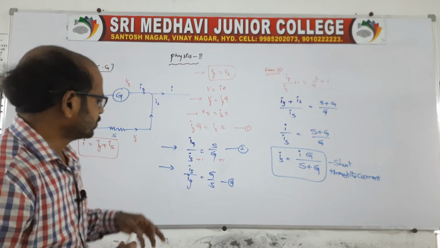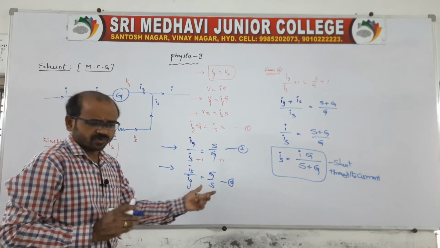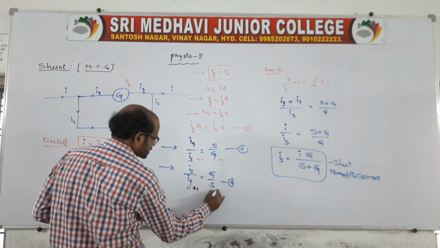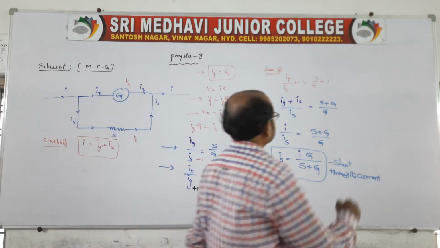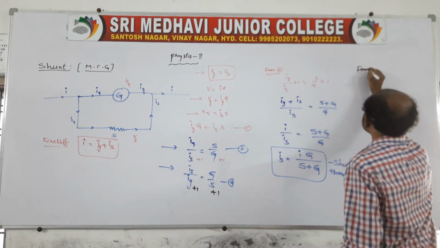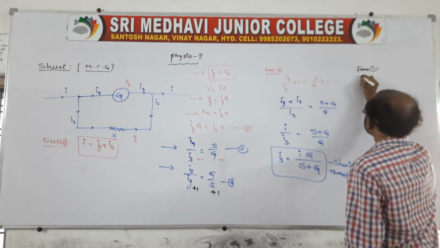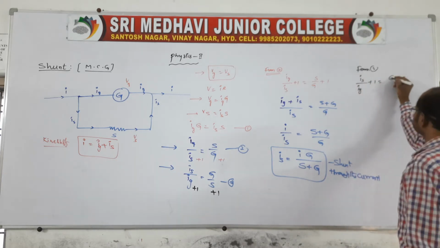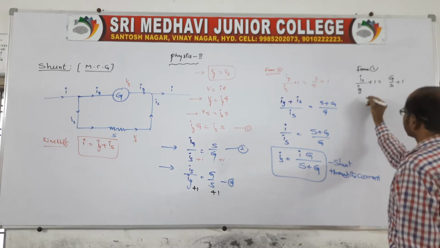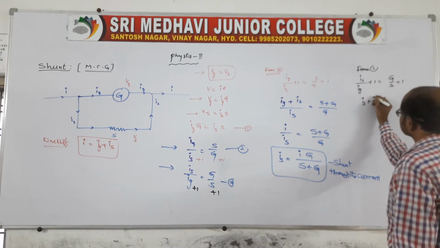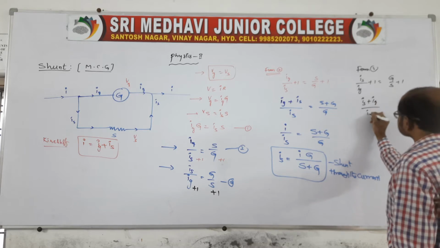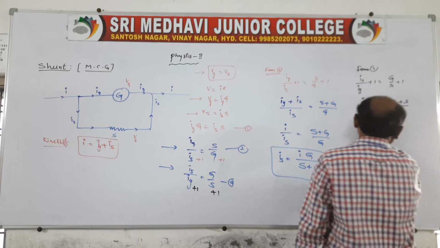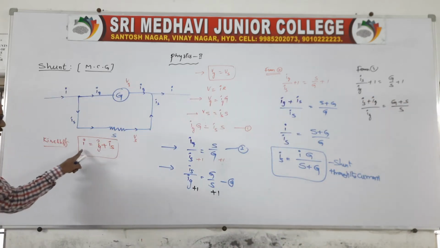In the same way, take expression 3. For this expression, add 1 on both sides. From 3 we can write Is by Ig plus 1 is equal to G by S plus 1. Again taking the LCM, it becomes G plus S by S. Is plus Ig is again the total current.